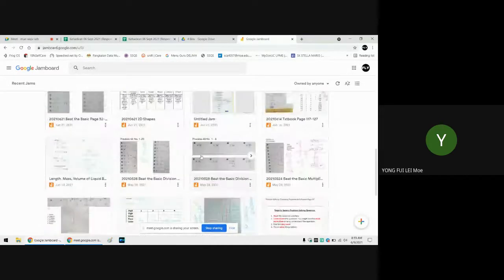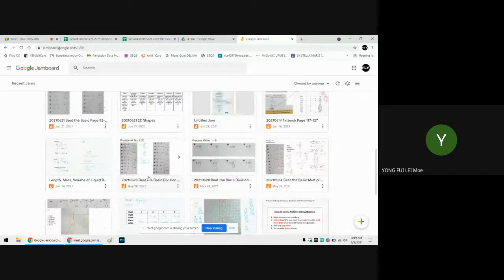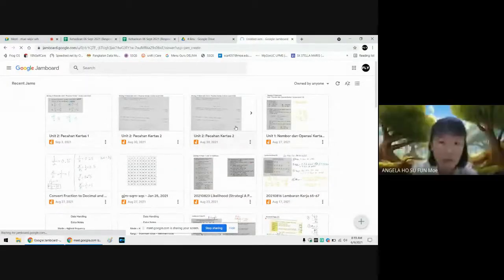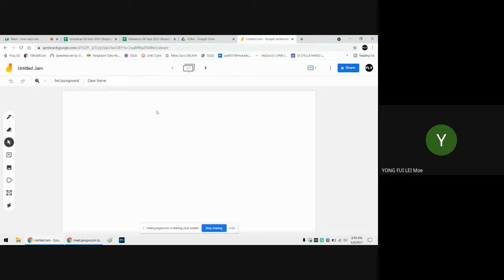Okay. We do a bit of revision. Next time I have to, I think let's do something about it. Okay. You can see my screen, right? Okay. Maybe we just do some simplify fraction.